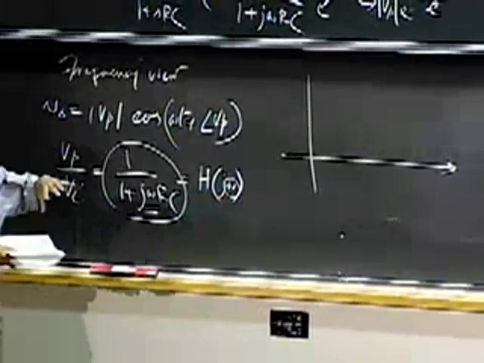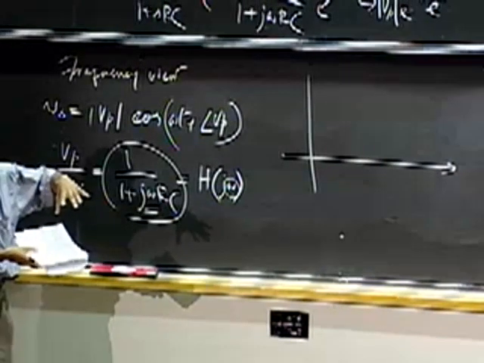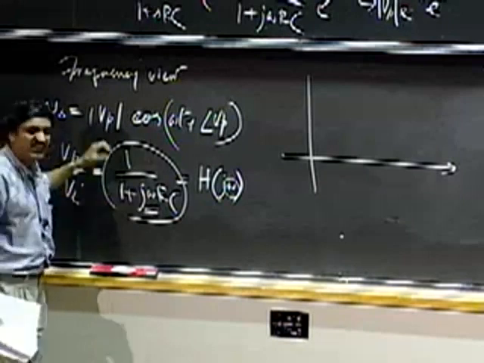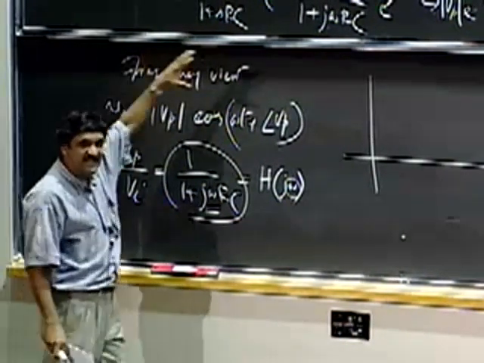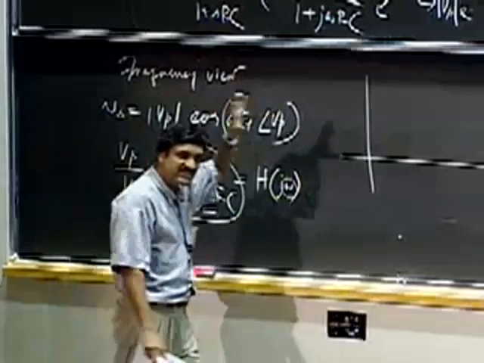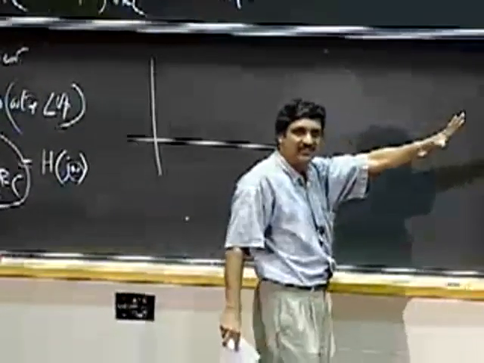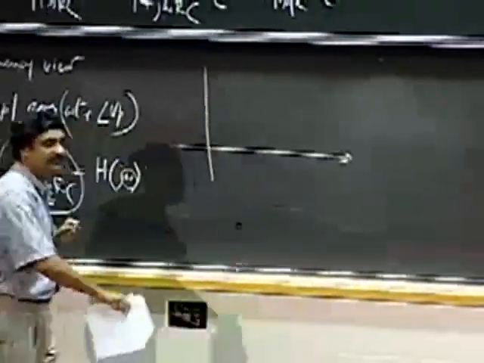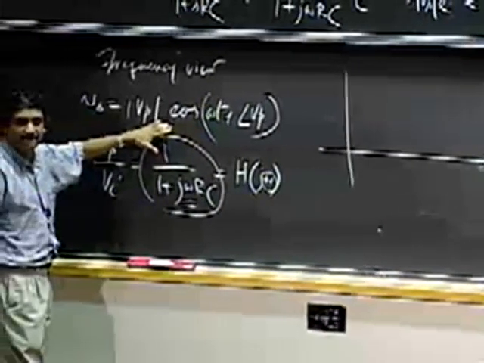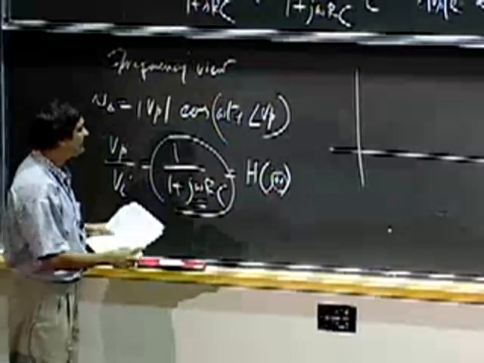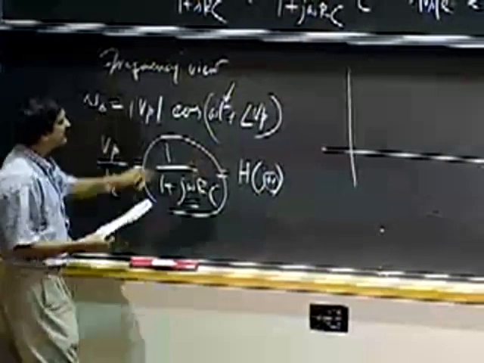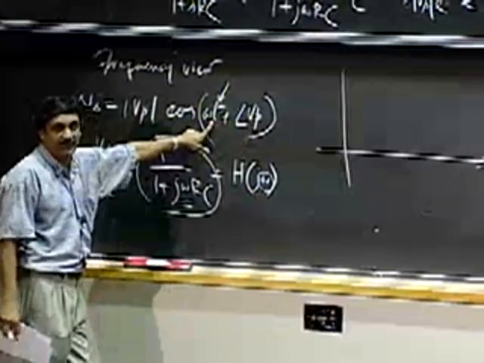Remember, we're taking the frequency domain view. So where has time vanished? Remember that we're taking the steady state view. We're saying in the steady state, if I wait long enough, this is how my circuit is going to behave. The transient responses have died away, and I have time in my output here.